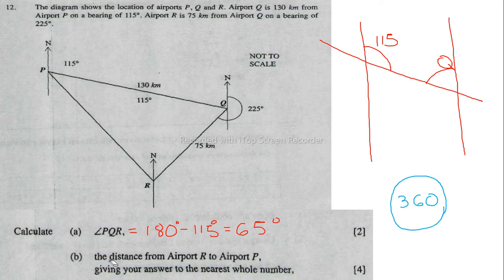B says give the distance from airport R to airport P, giving your answer to the nearest whole number. This one is straightforward. They want the distance from airport R to airport P, as a whole number.